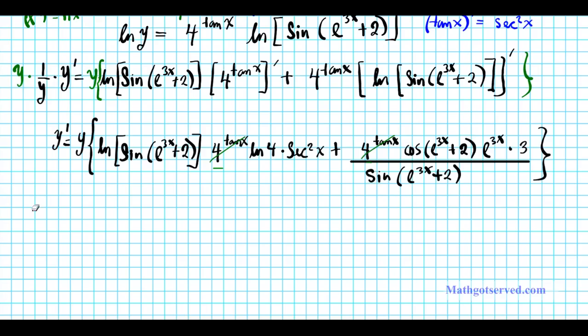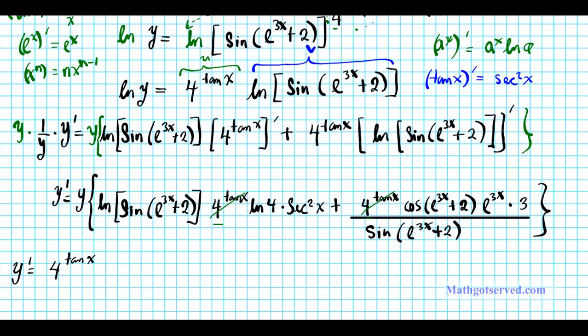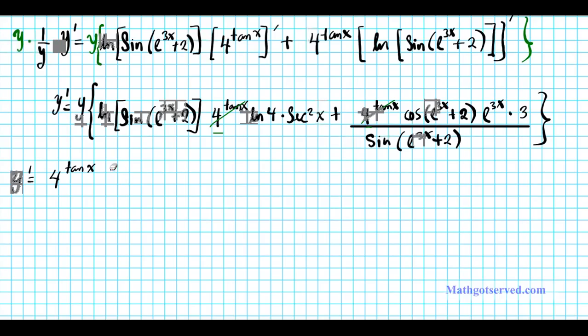So we have y prime, the derivative, what we're looking for, equals 4 to the tan x times y, the original function, which is sine of e to the 3x plus 2 raised to the 4 to the tan x. So let's put that here.